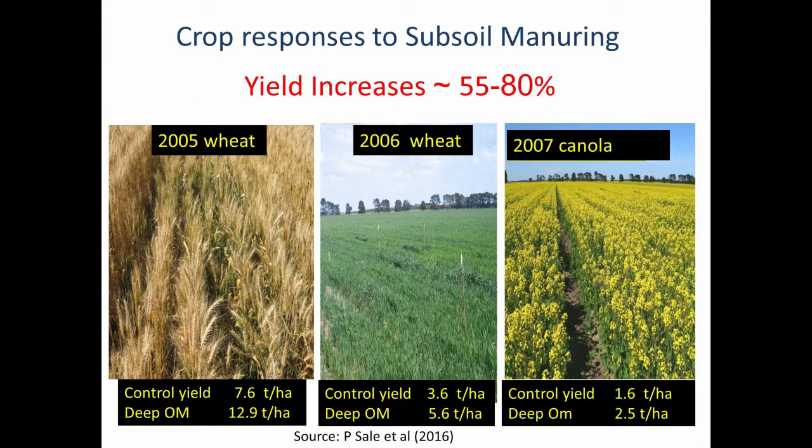In 2005, 2006, and 2007, as you can see, the wheat yield of the crops increased significantly with subsoil manuring, and it has a residual effect over 5 to 7 years. The example that I want to show you here is the work that we are doing on subsoil acidity.